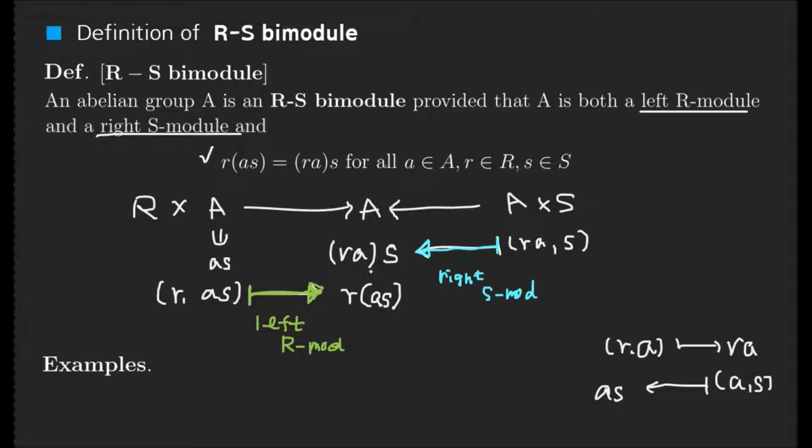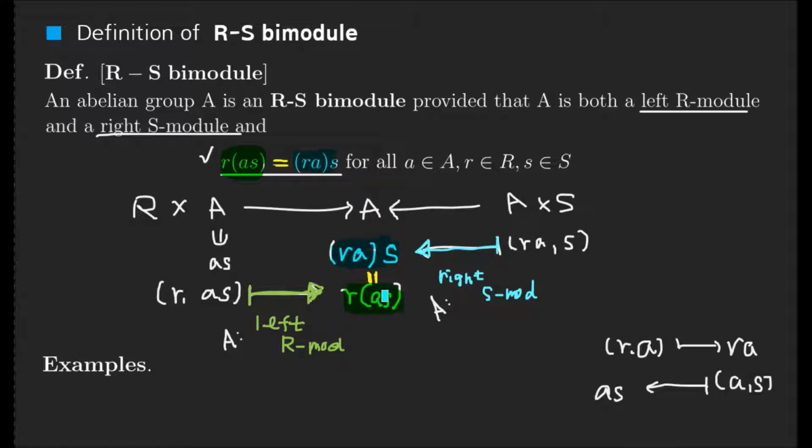So the equation (RA)S equals R(AS) in general does not hold, but if the equation is satisfied, then we can consider A not only a left R module, but also a right S module. This means the (RA)S side is the generated left R module property, and the R(AS) side is the right S module property.